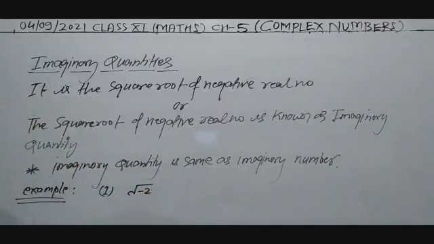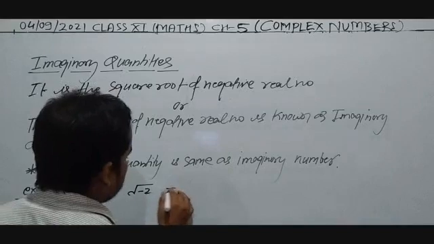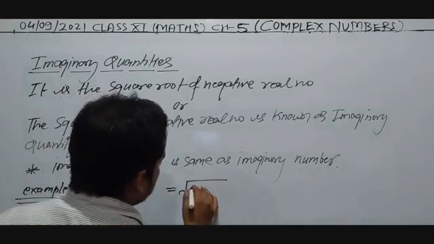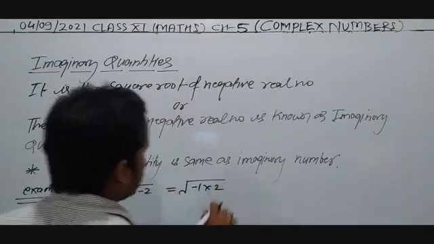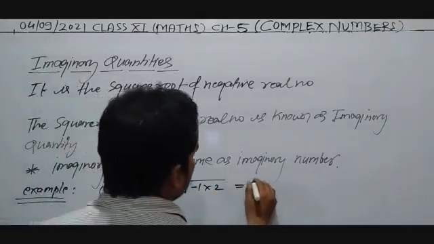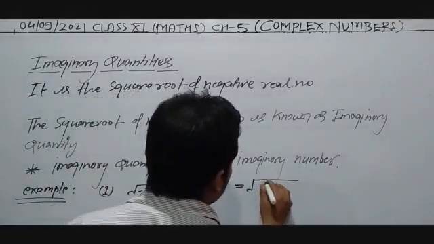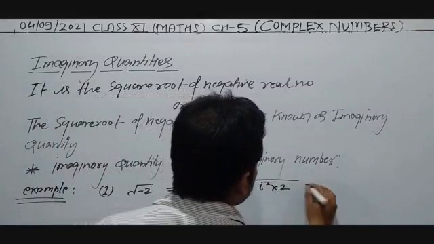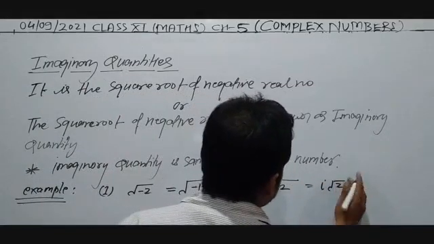How can you calculate it? We have to take imaginary quantity. And what is imaginary quantity? Imaginary quantity is i. i means iota. And this one we can write root of -1 into 2. And root of -1, you know, this is the value of i square into 2, and the result you will get i times root 2.